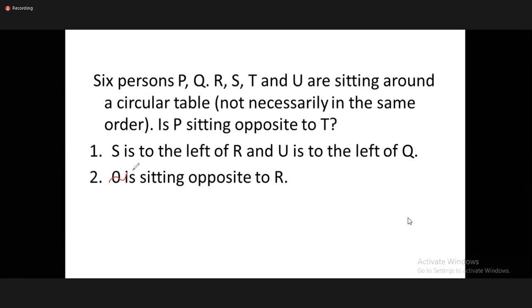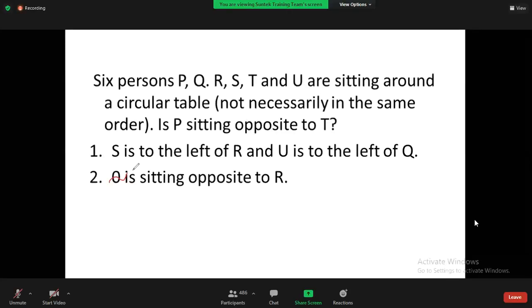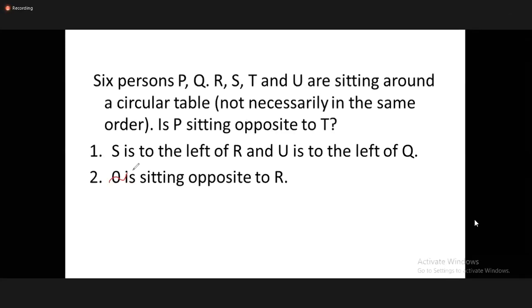From statement 1, S is to the left of R and U is to the left of Q. From statement 2, Q is sitting opposite to R.